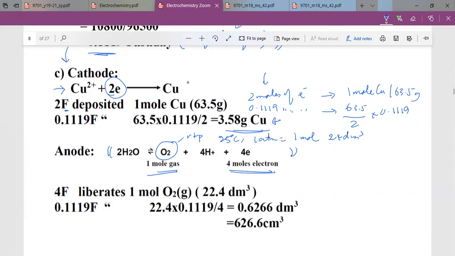So 4 Faraday, or 4 moles of electrons, will liberate 1 mole of oxygen, which is, here I put 22.4. It depends on RTP or STP. Here I use STP, 22.4. If the question says 24, then times 24.